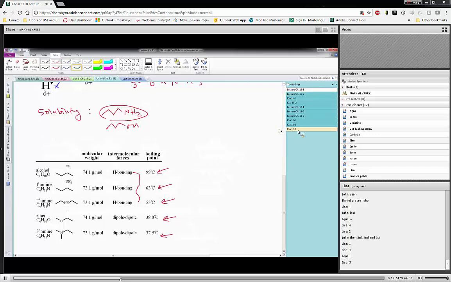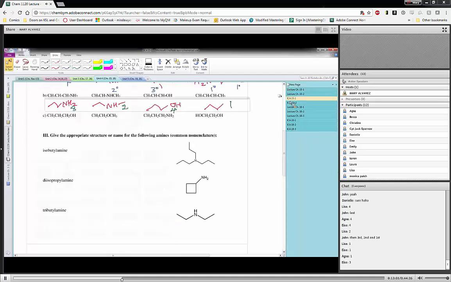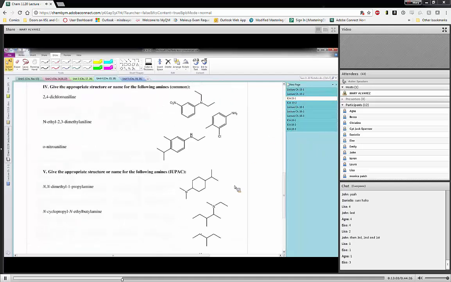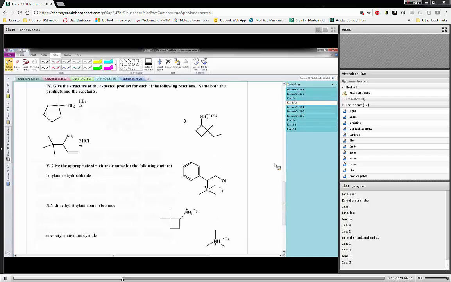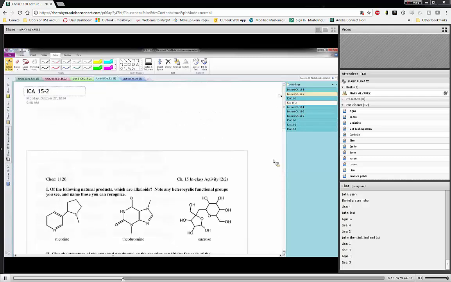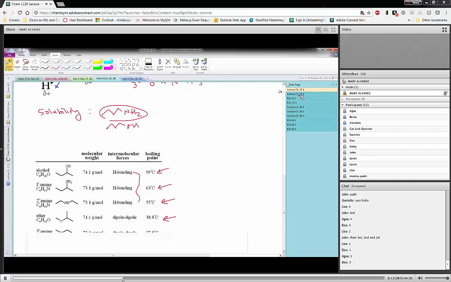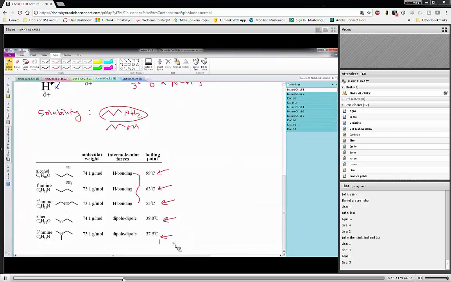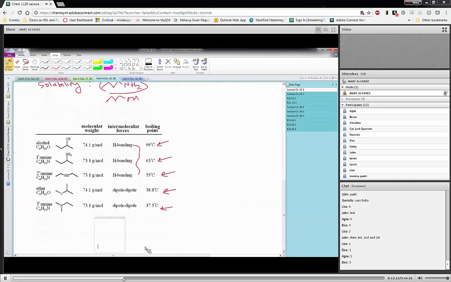Okay. Next thing we need to talk about, by following my in-class activity sheets, is common nomenclature of amines.